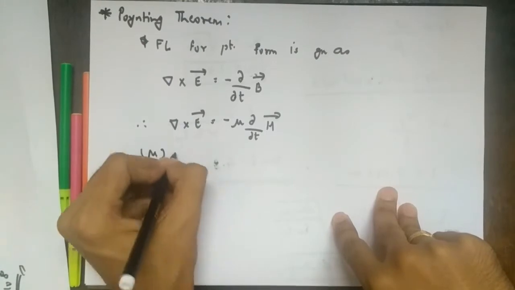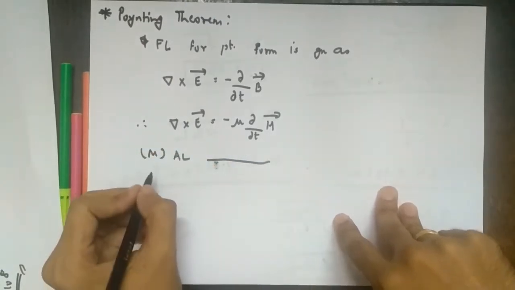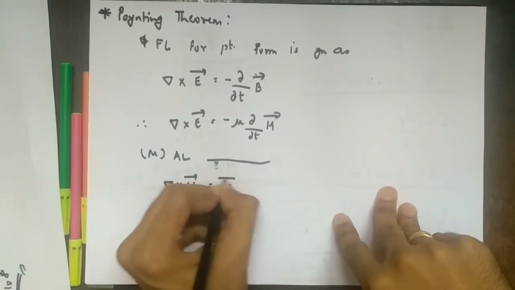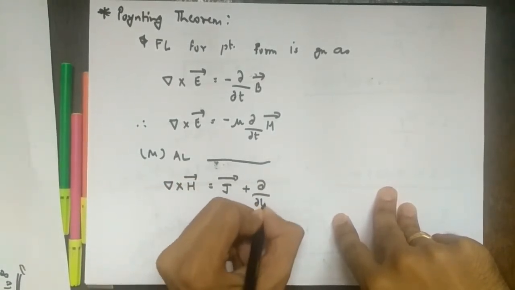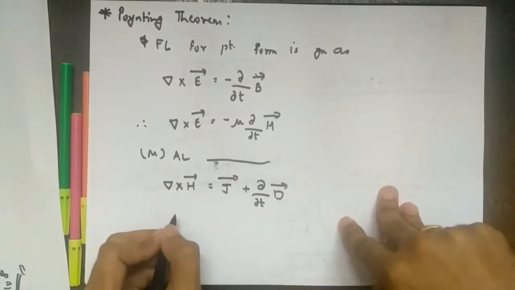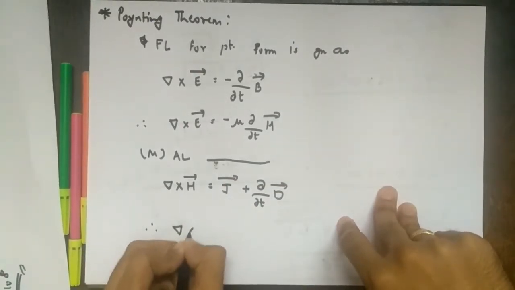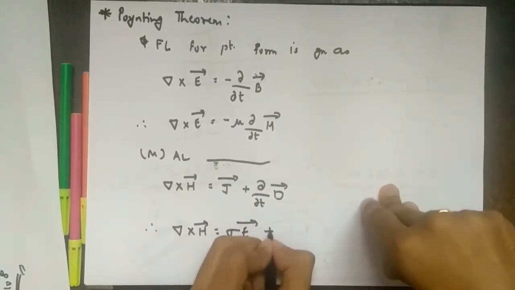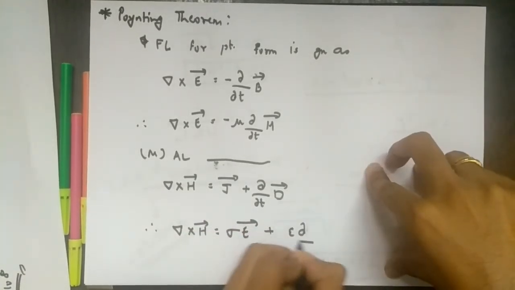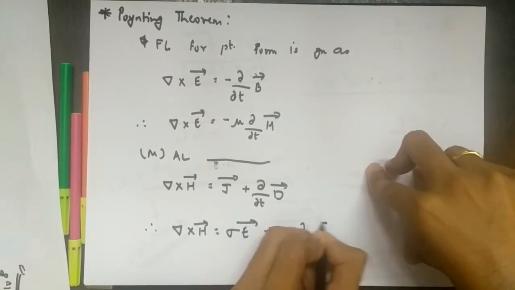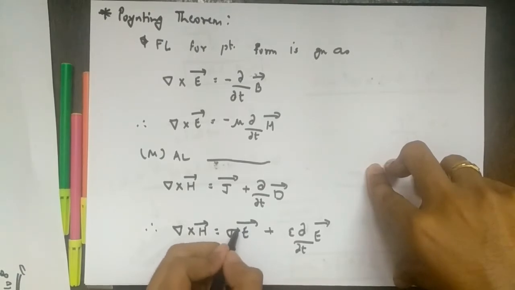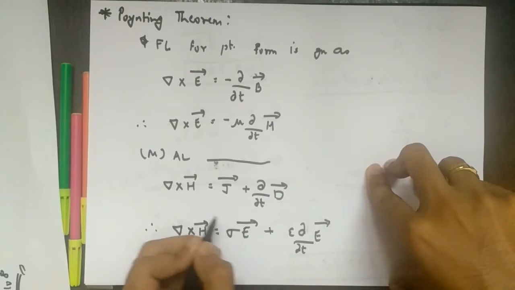Similarly, we have the modified form of Ampere's law, given as, we will write it neatly. Del cross H vector equal to J vector plus ∂/∂t of D vector, right? What is J vector, we saw yesterday, it is sigma E vector, the form of Ohm's law, plus epsilon ∂/∂t of E vector. This is the actual Ohm's law, I can say. You get V equal to IR from this equation, you can prove it. I'll not go into that now.